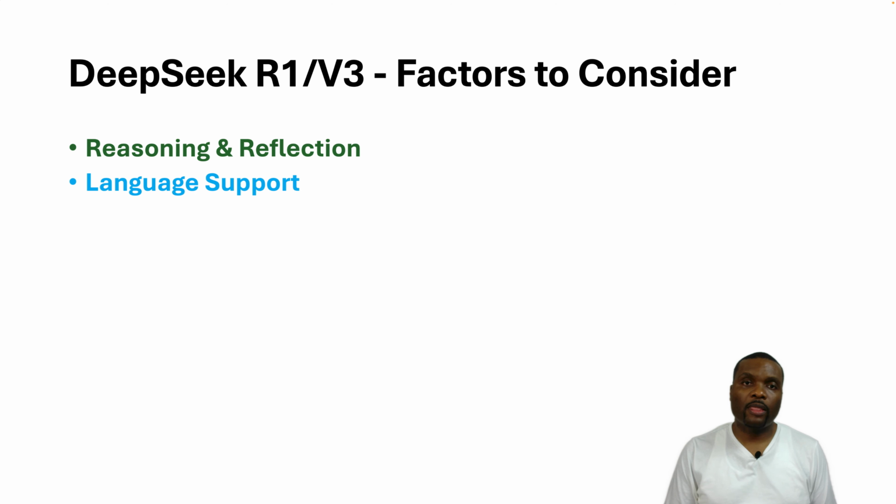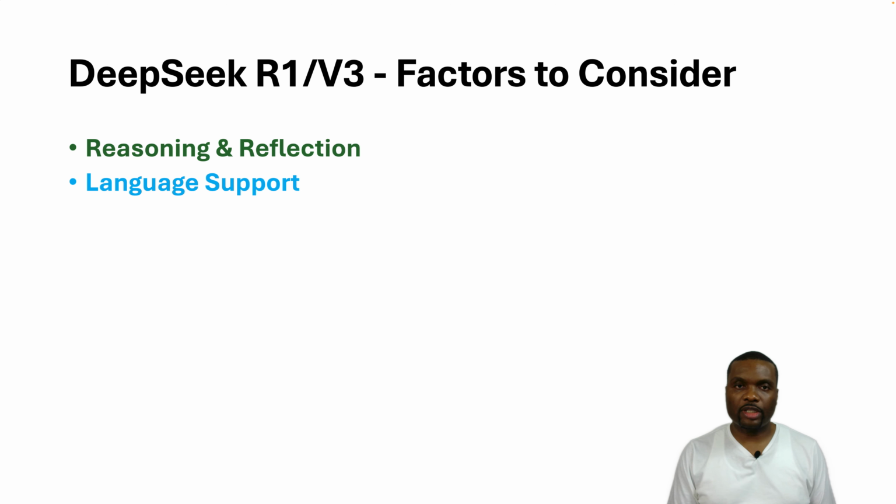So before you switch from your current model provider to go into DeepSeek R1 or DeepSeek V3, you have to make sure that the language that you're going to use either as output or input into the system is supported.